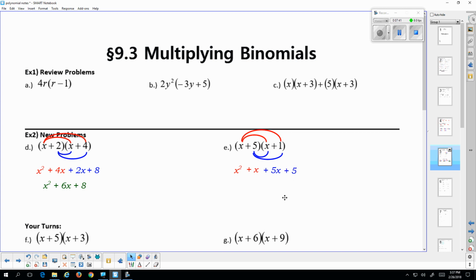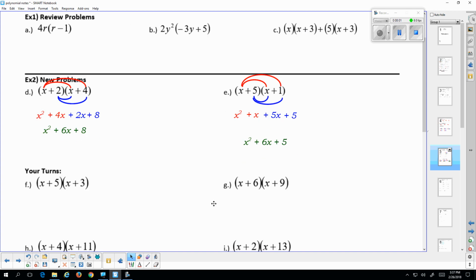Now clean it up. Combine your like terms. I'm going to combine the x and the 5x. So my final answer is x squared, and then I combine those to 6x, and then plus 5. So go ahead and do the your turns, and then we will go over these answers tomorrow in class.